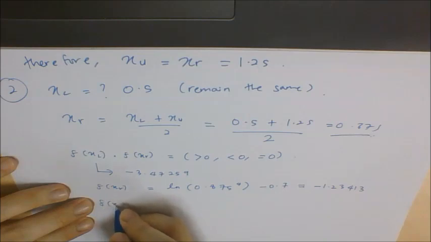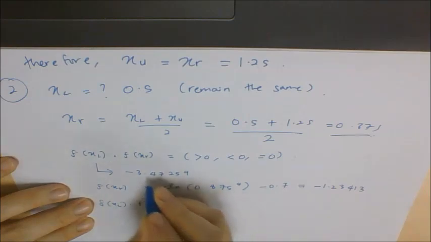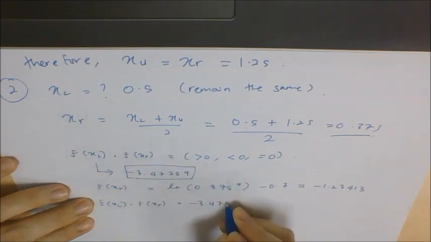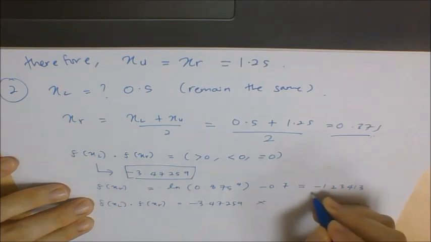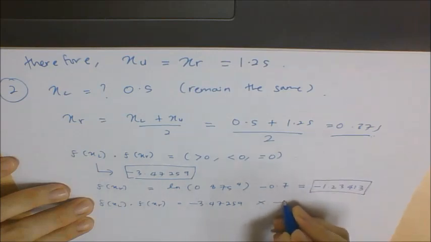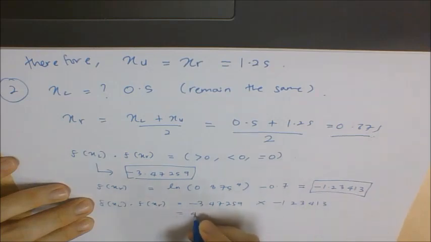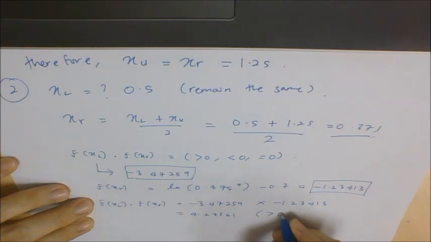So FXL times FXR, negative 3.47259 times negative 1.23413, you will get 4.28561, and this is obviously more than 0.